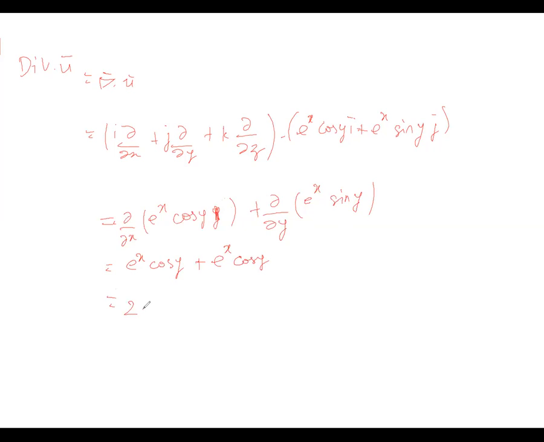So you get 2 e power x cos y. That is the divergence of the u vector.